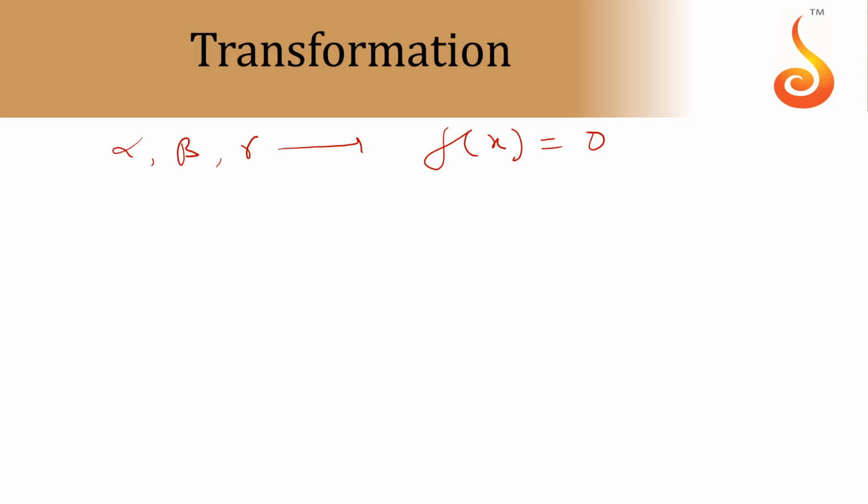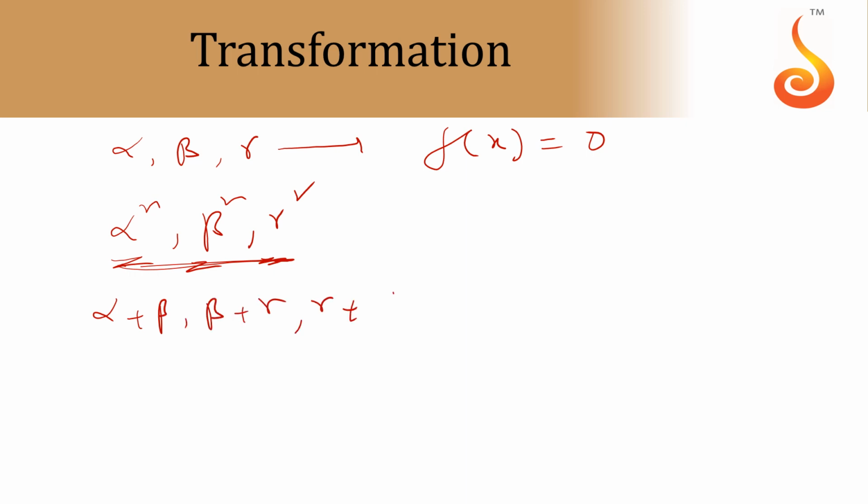Suppose if I want an equation whose roots are alpha square, beta square, gamma square. So please remember the equation which we are asking should be symmetric. The new roots must be symmetric. Suppose you may ask alpha plus beta, beta plus gamma, gamma plus alpha. So what will be the equation with these three as the roots?